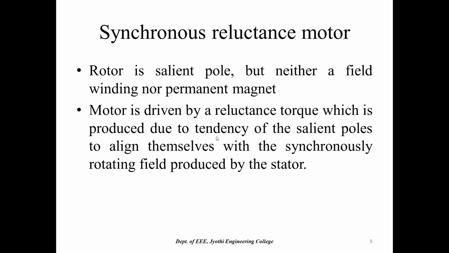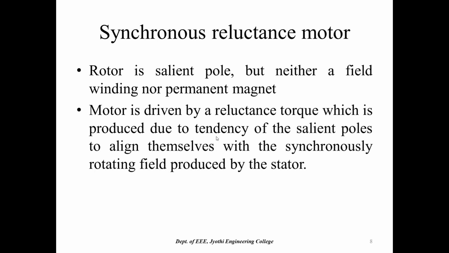Now let us see what a synchronous reluctance motor is. In a synchronous reluctance motor, the rotor is of salient pole type, but there is no field winding or permanent magnet. Then how is this machine working? We all know that in a salient pole machine, the torque developed is of two types, that is the excitation torque and the reluctance torque.